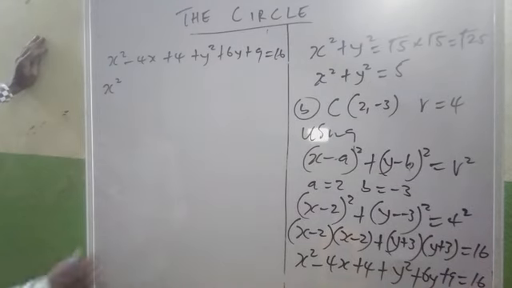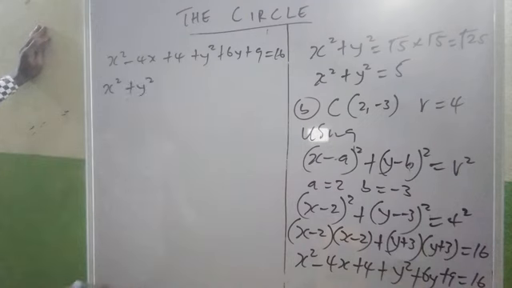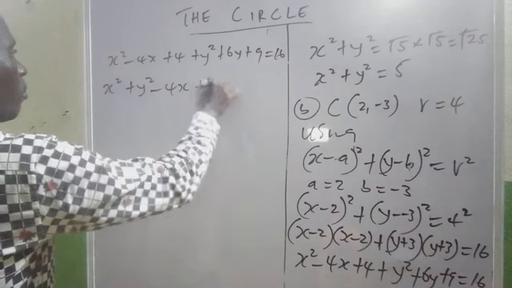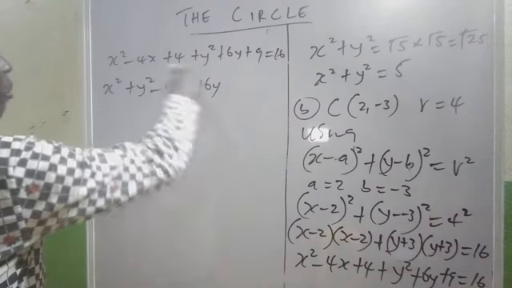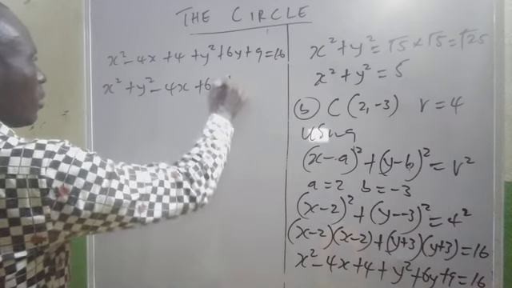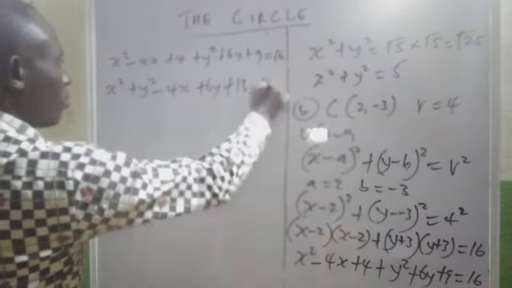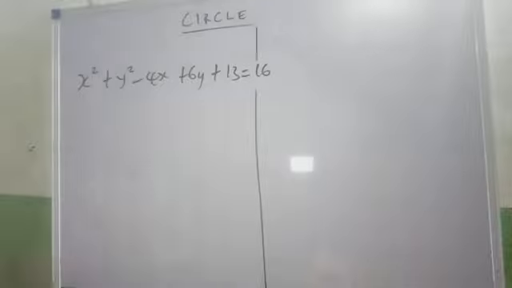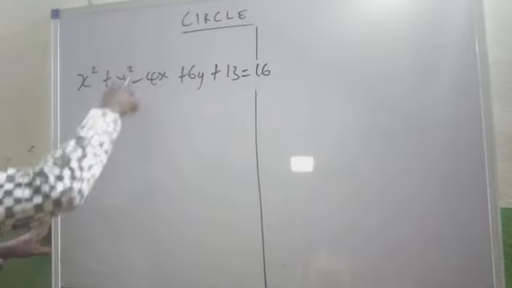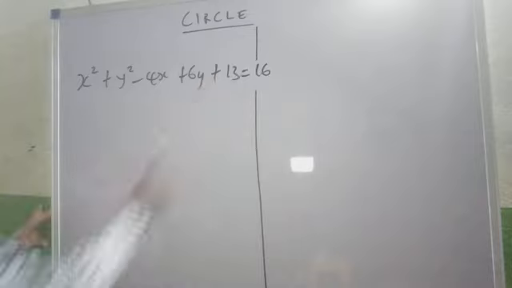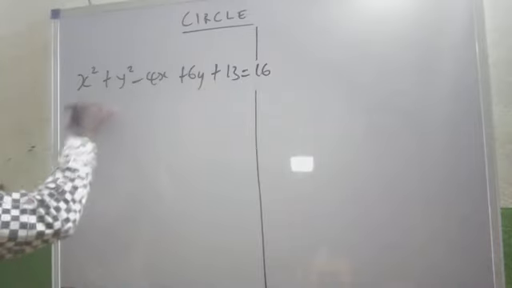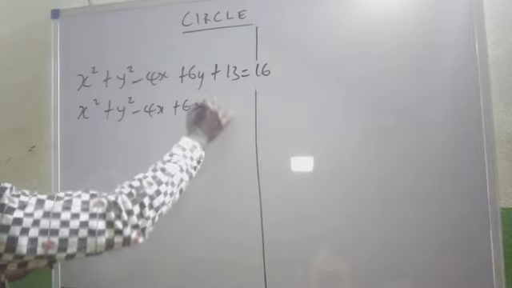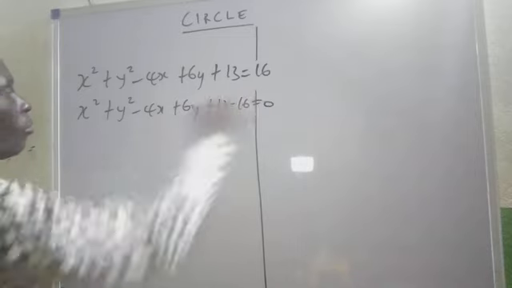So let me bring s squared plus y squared, minus 4s plus 6y, 4 plus 9 is 13, plus 13 minus 16 equals 0.